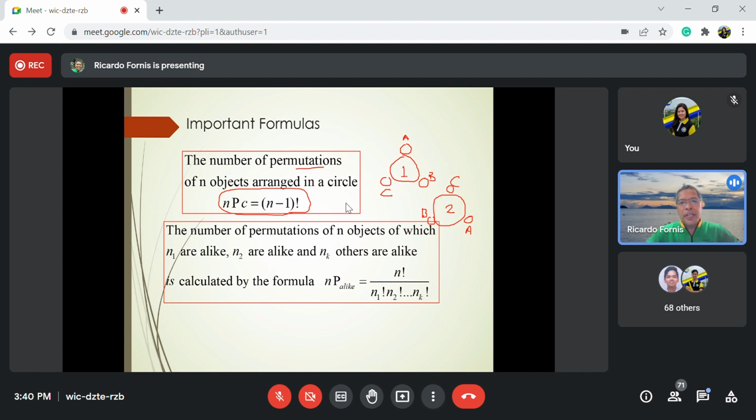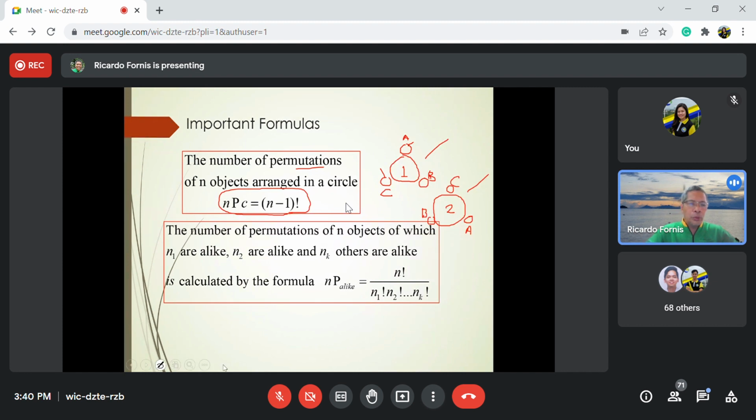The reason is that if you rotate arrangement number 2 counterclockwise, you will just duplicate arrangement number 1. In cyclical or circular permutations, the two are not different. They are considered the same.